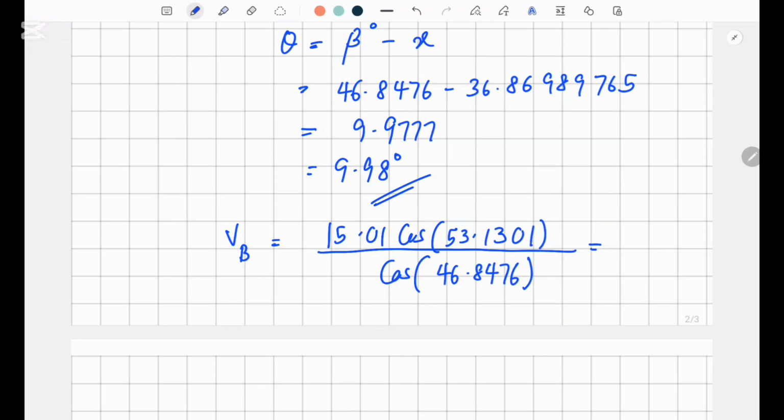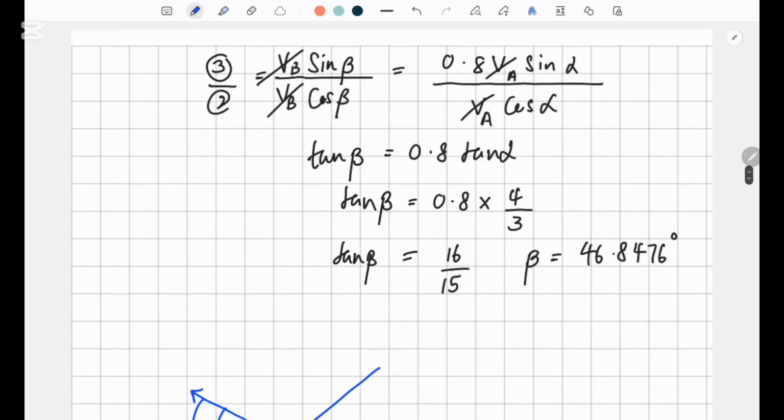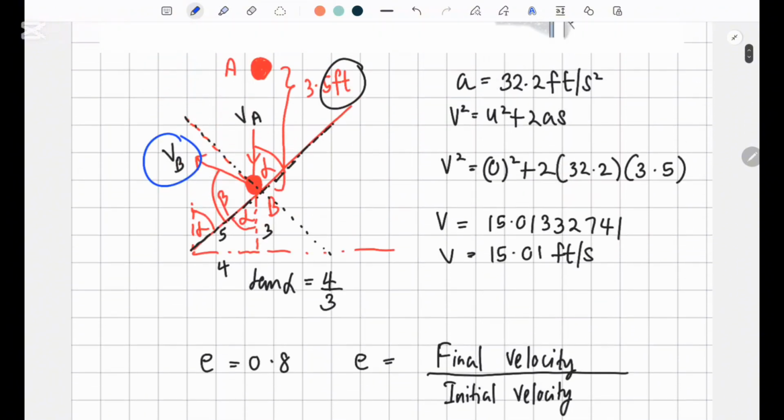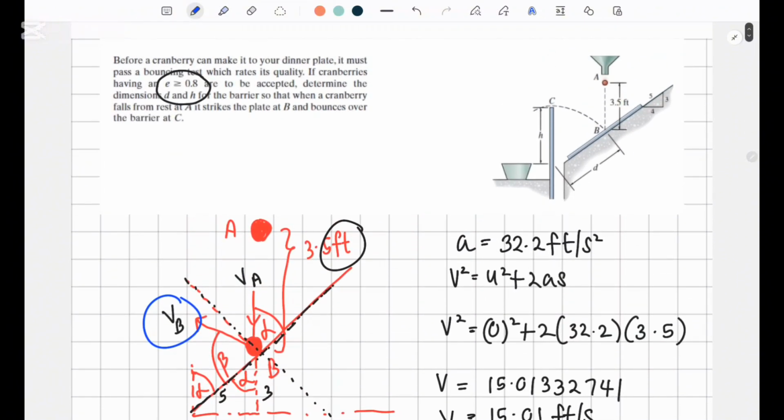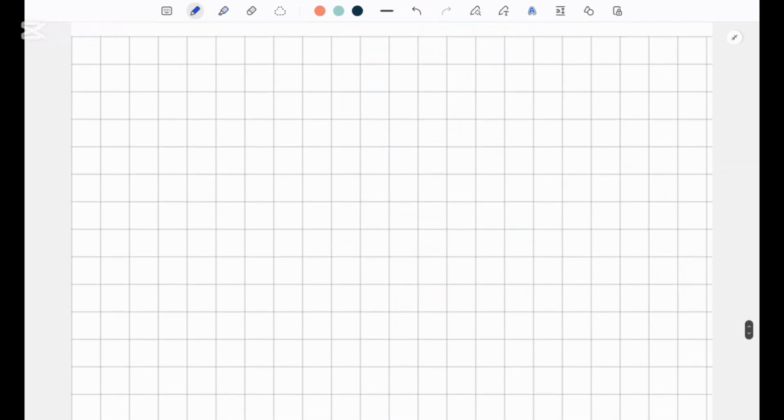Using that, the velocity VB is 13.16779. I'll leave it as 13.1678 feet per second. This is the speed at which the cranberry bounces off plate B. Now let's draw another diagram.